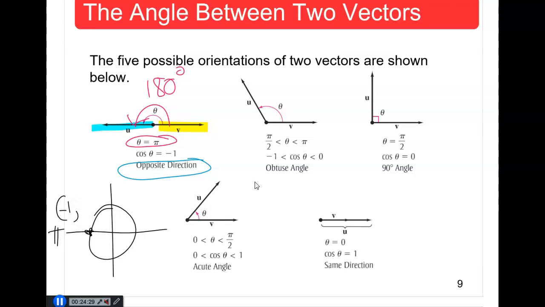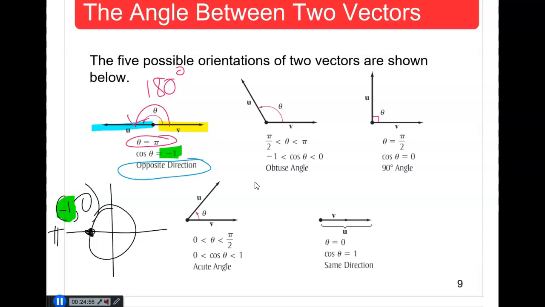And because we're talking about the unit circle, then we could assume right away that the cosine value is going to come from the x coordinate of that point of intersection, and that is for 180 degrees or pi radians. So the cosine is -1.